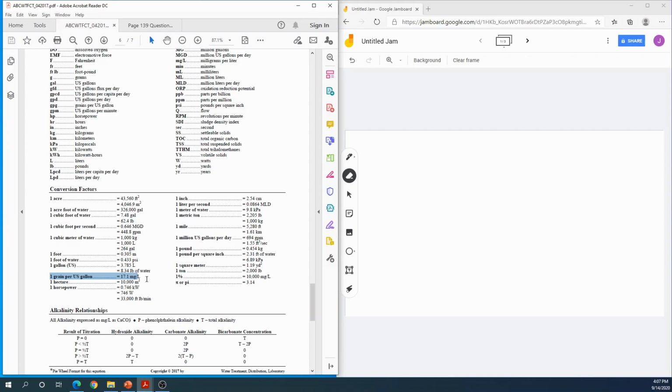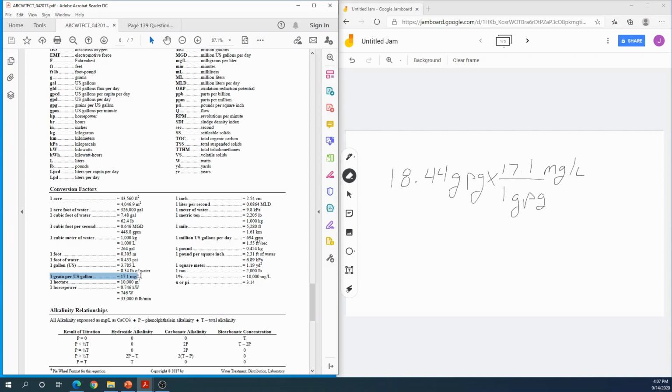So we know we have 18.44 grains per gallon. Now let's use our conversion of, for 1 grain per US gallon, there's 17.1 milligrams per liter. So we want our grains per gallon to cancel. So we're going to put 1 grain per gallon on the bottom, and we'll put our 17.1 milligrams per liter on the top.